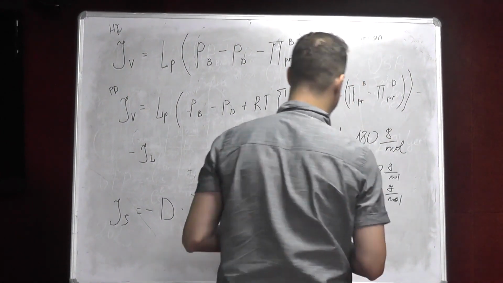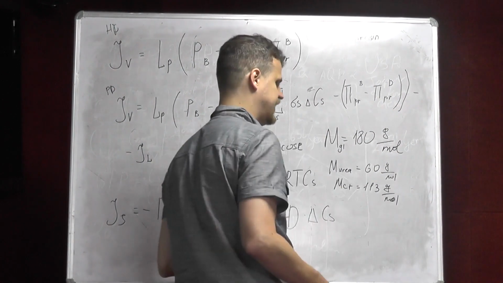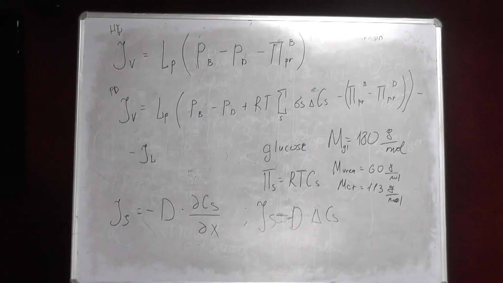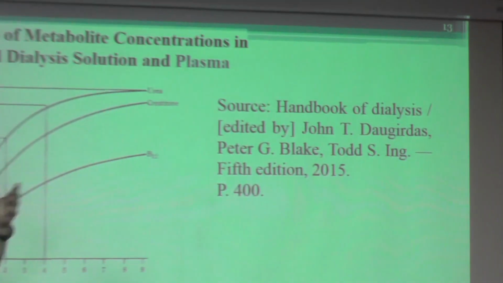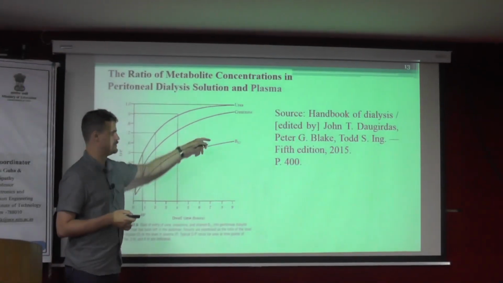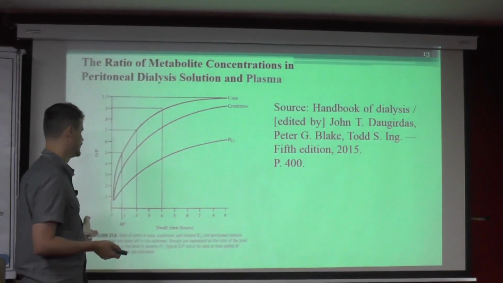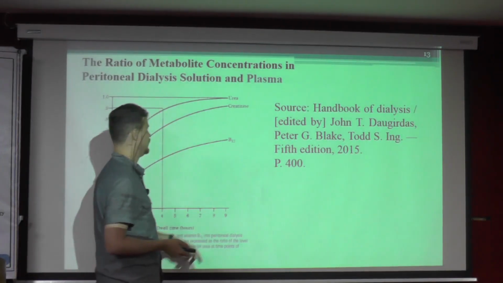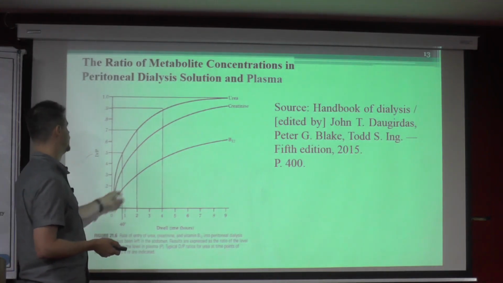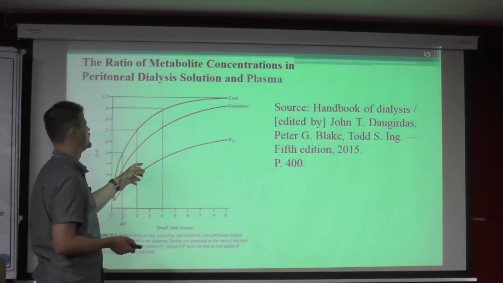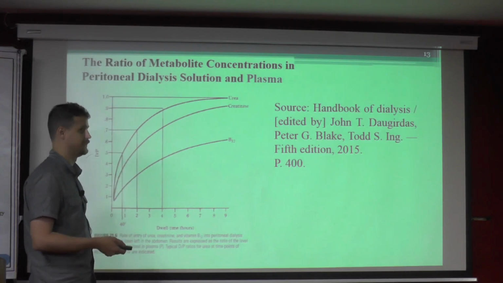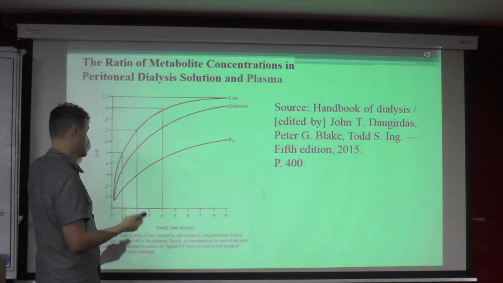So we can expect that creatinine, being a bigger molecule, will filter a little bit worse than urea. And if we talk about middle-sized molecules, the diffusion of these molecules will become even slower. So even if we wait for a very long time, we will remove only about 60% of the marker during peritoneal dialysis.